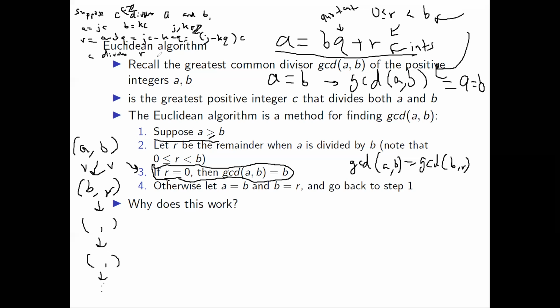So C divides R and B. It still divides B because it divided B before.